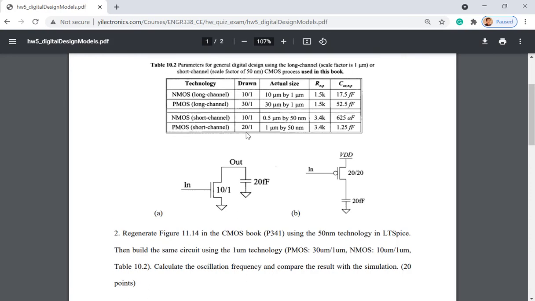They have the same width. What if it was 30 over 1? Then it's larger, because it simply has a larger area.